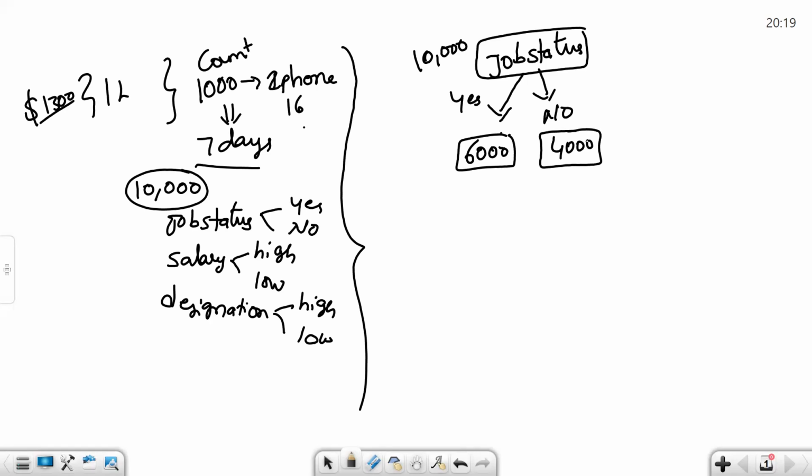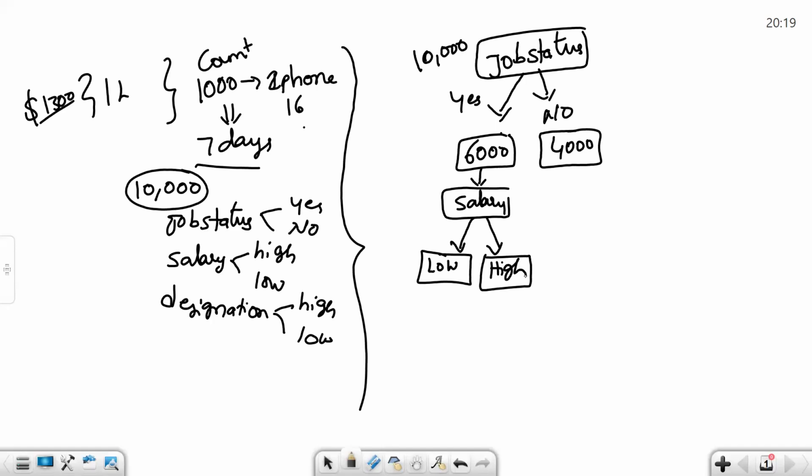Now the next thing. Out of 6,000, the salary would be low. Let's say my salary is 25,000 per month. Am I able to afford it? No, right? So out of 6,000, the salary factor: low or high. In the industry, the majority have a low salary.